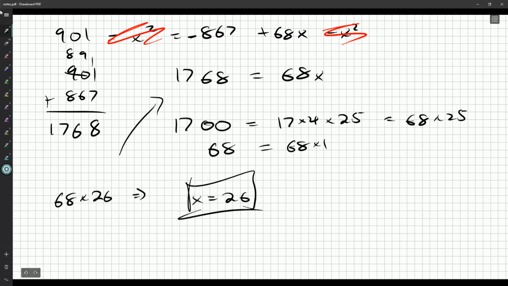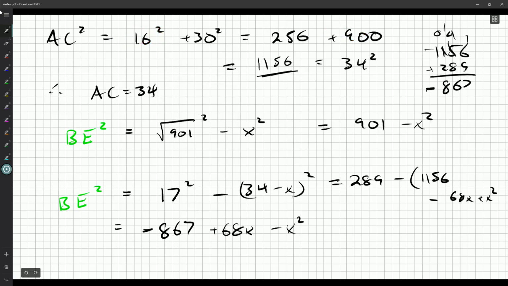And there we go. So 26, that makes a bit more sense. 34 minus 26 is a difference of 8, so 17 squared minus 8 squared, BE should be 15. And 901 minus 26 squared is 676.